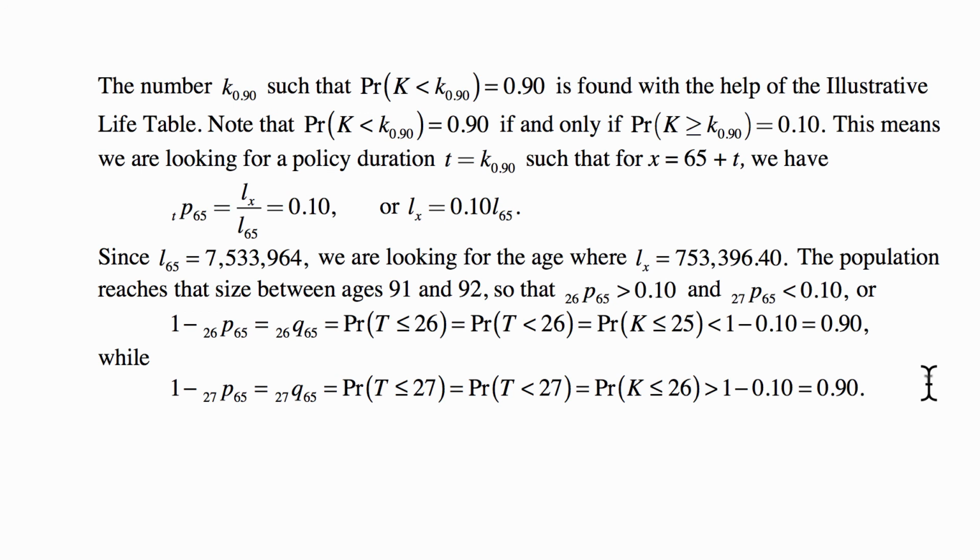So survival, the number of whole years lived, being 25 has a probability that is less than 0.90, but 26 has a probability of being more than 0.90.